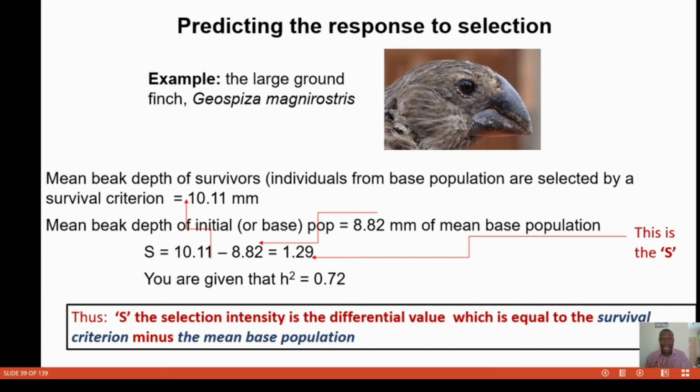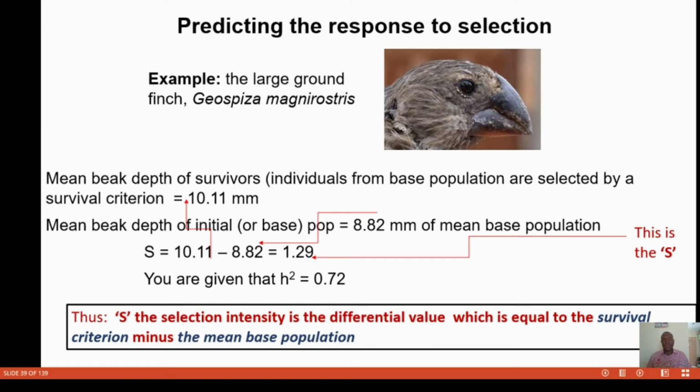So if we take the survivors' mean and subtract the mean base population, we end up with S. That's the difference.